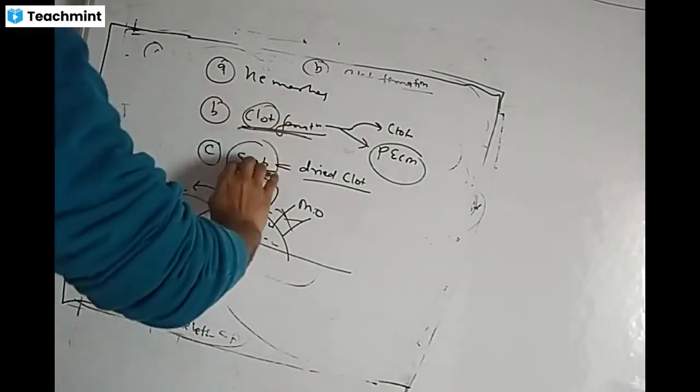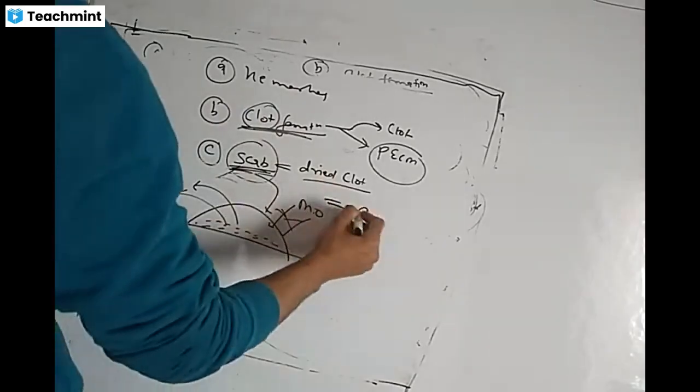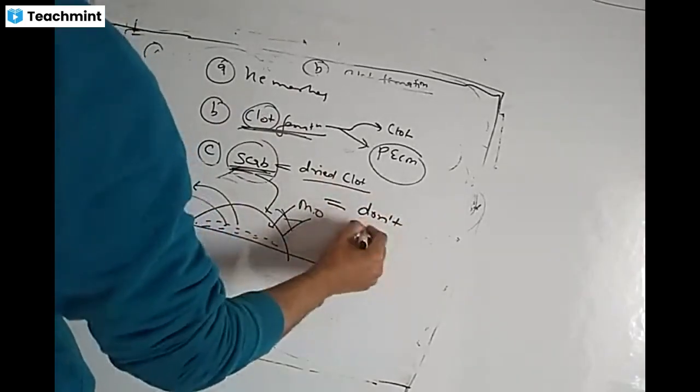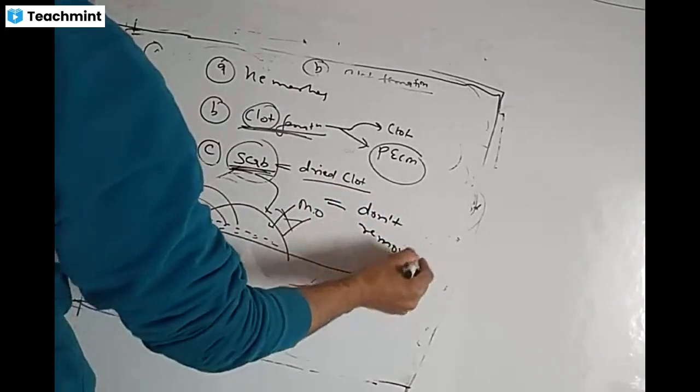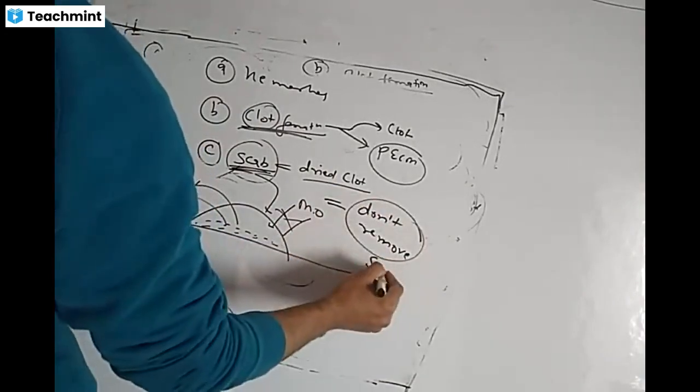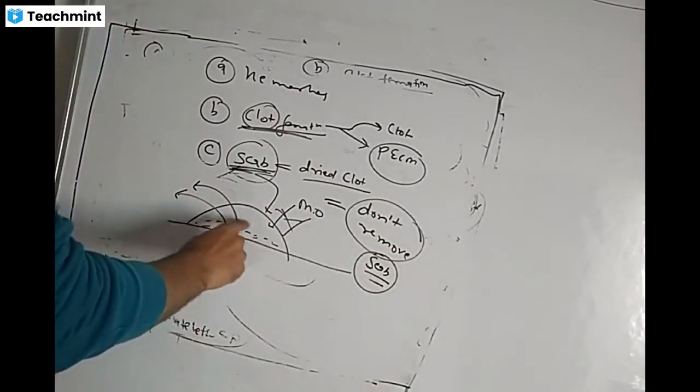So whatever the procedures, they are all progressing, advancing under the surface of this. So it is advisable that you don't pick or remove this scab. Otherwise, the environment of this healing will be infected. So scab is nothing but your dried clot.